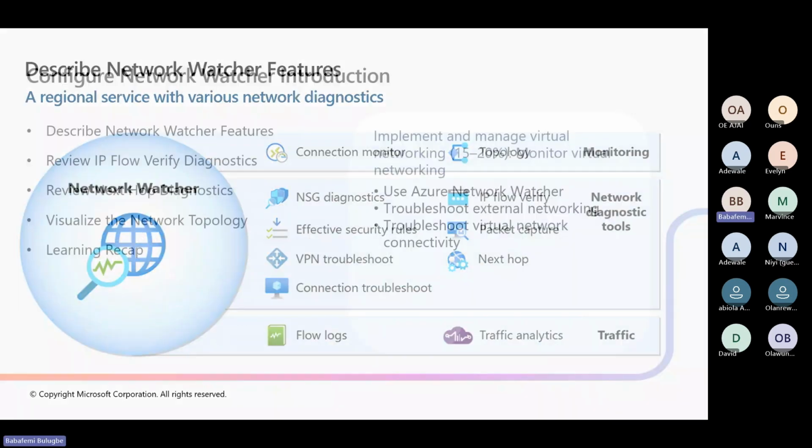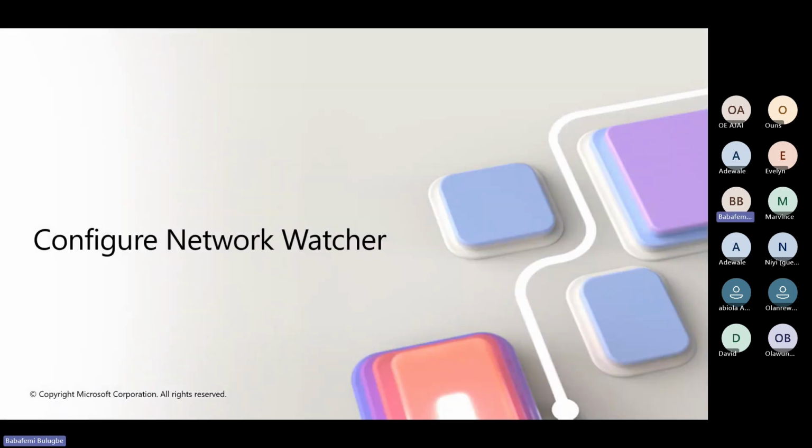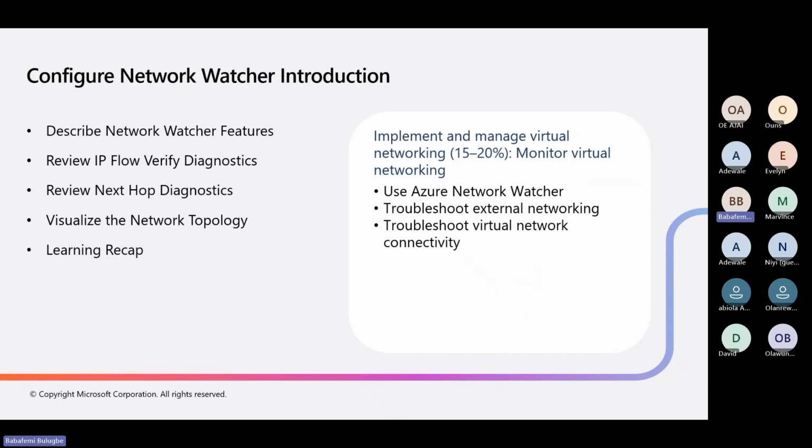Network traffic monitoring is just for us to be able to monitor what is actually happening within our network. We want to check the flow of traffic and check if there are any issues.